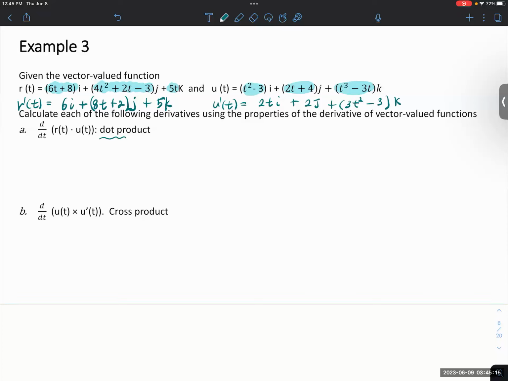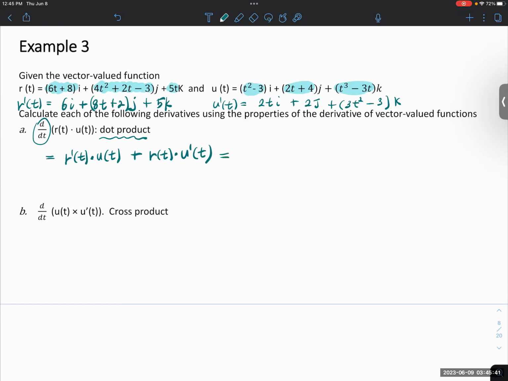Let's do the dot product, and then it's a differentiation. Are you following? According to the rule, it is going to be r prime of t dot u, because it's a product, plus r of t dot u prime of t. So what happened?